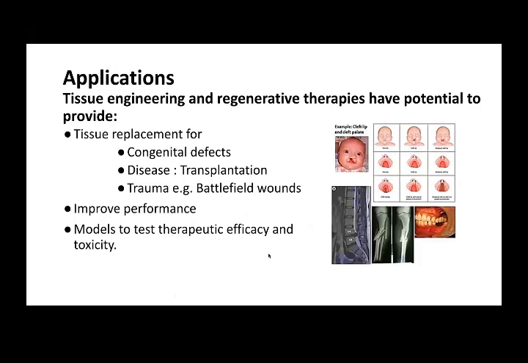In disease, such as liver and kidney diseased organs, transplant is another potential for tissue engineering. And then trauma, battlefield wounds as well. What does it do? It improves the performance of that limb or organ, whatever it is that we are engineering. Models to test the therapeutic efficacy and also toxicity.